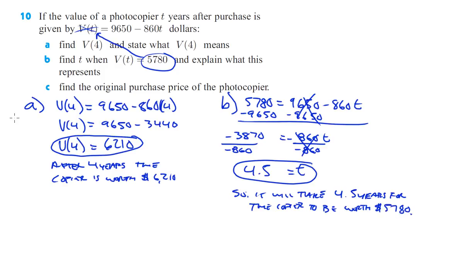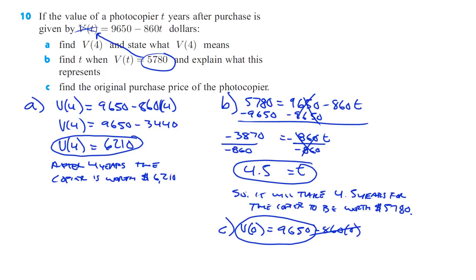Okay, and then C, find the original purchase price of the photocopier. The original purchase price is when t equals 0. So it's V of 0 equals 9650 minus 860t. But t is now 0. So 0 times negative 860 is 0. So there's our value, 9650. So it was originally worth $9,650.